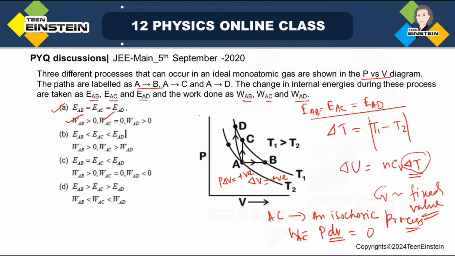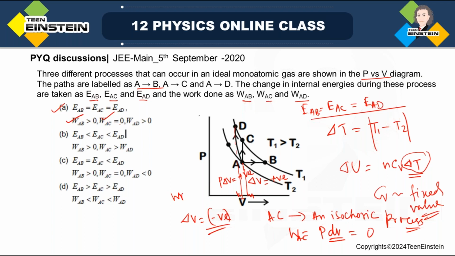What about AD? Look at AD. This corresponds to the volume, this one, and this corresponds to the volume, this one. That means this is V2, this is V1. So here ΔV is actually negative, because this is contraction, not expansion. This is volume contraction. So I should have obtained negative work done.